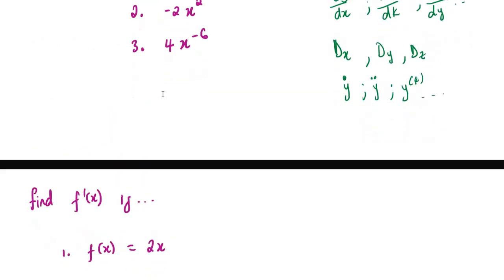So let's say the question says find f prime of x, which means find the first derivative. Number 1, if f of x is equal to 5x cubed.